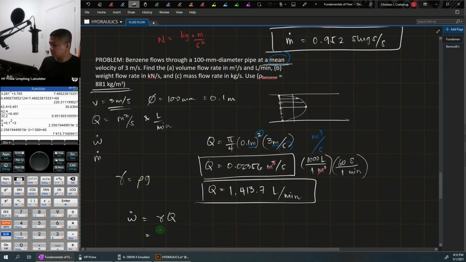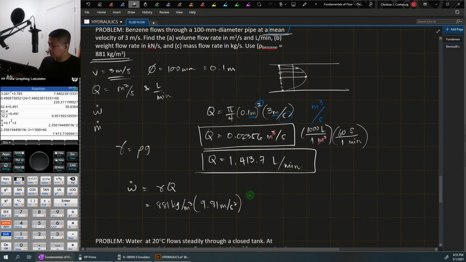Okay, so given the density of 881 kilogram per cubic meter, okay, multiply natin ng gravity, 9.81 meter per second squared. Okay, then the discharge Q of 0.02356 meter cube per second.